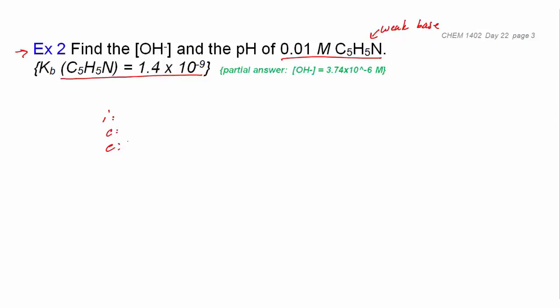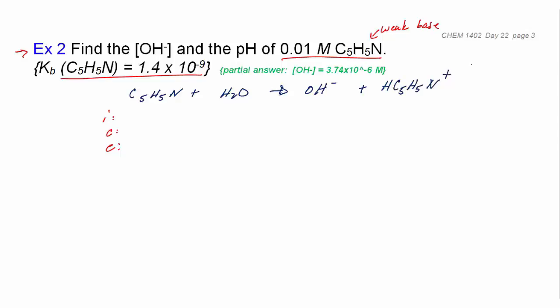It has to be the Kb chemical equation, the hydrolysis of pyridine. So how do you write it? It's the weak base plus water forms hydroxide and the conjugate acid. Add an H+: HC5H5N+.